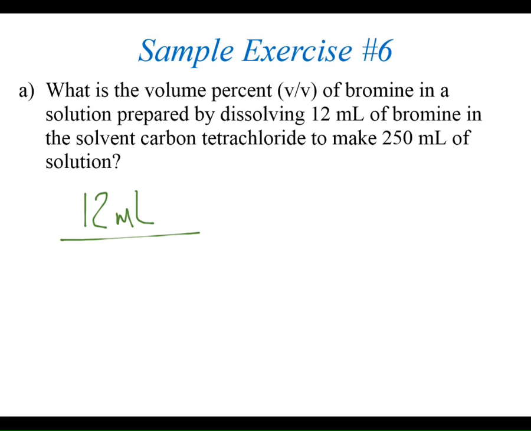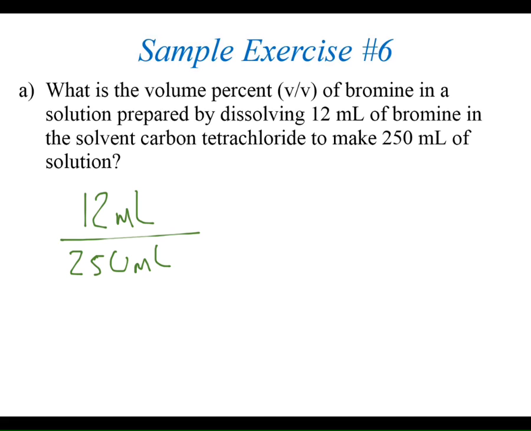Read the question again. It's 250. It said they added it until it came to 250 of solution. Again, it's solute over solution, not solute over solvent, which is what you were thinking. It's solute over solution, and it is 250 solution.